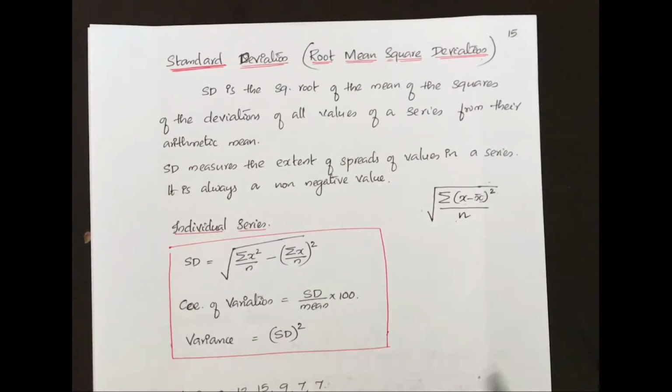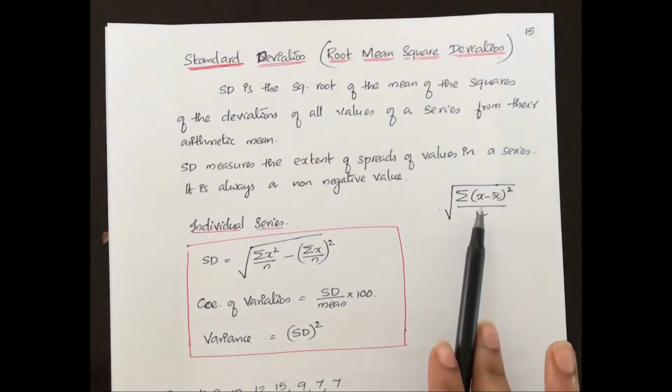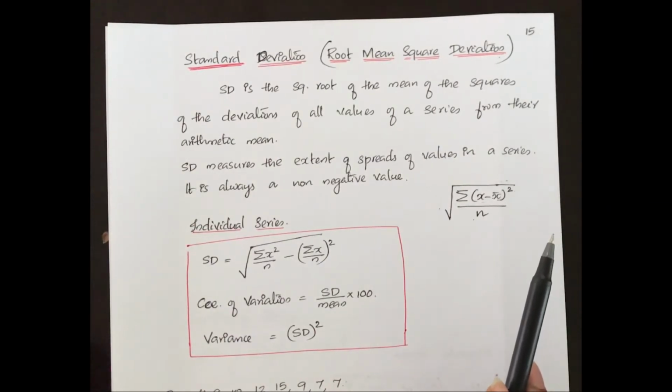If the data has fluctuations, it will not affect the standard deviation, and it does not ignore the signs of the deviation. In mean deviation, we take only the magnitude and do not consider the sign, whether positive or negative. But in standard deviation, the signs are also considered.